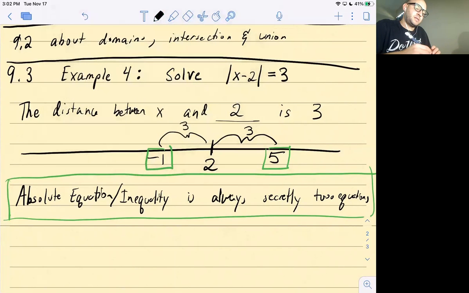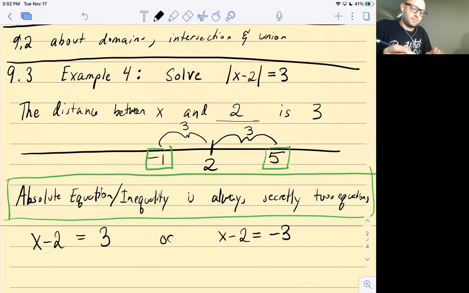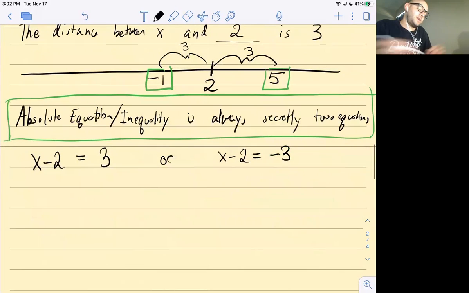That number inside, which is x minus 2, could either be equal to 3 or equal to -3. And if you solve this, this tells you x is equal to 5 or x is equal to -1.